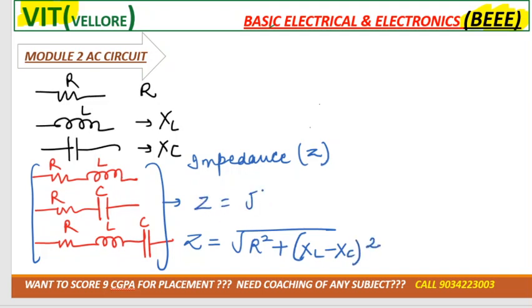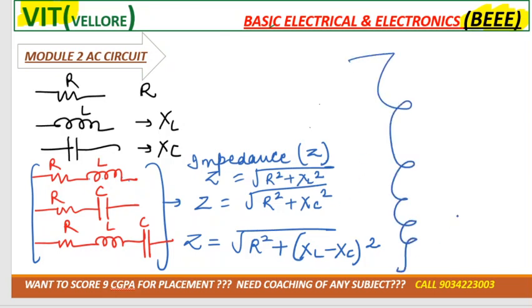Here, with only L, Z would be equal to root of R square plus XL whole square. All these are kinds of resistance only, so the unit is ohms. Understood? Any doubt up to here?